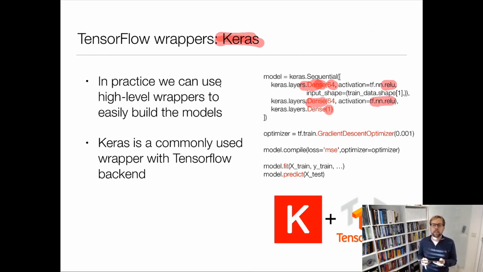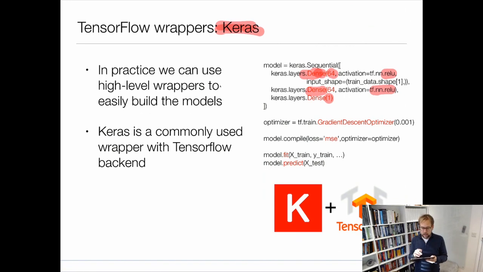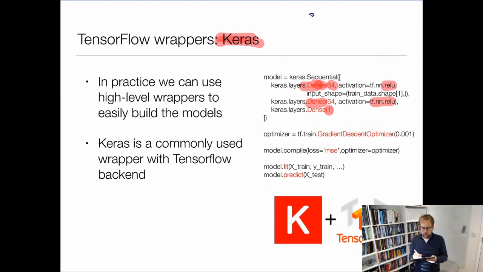So this will effectively define this network, where I have my input data, then a hidden layer of size 64, another hidden layer of size 64, and then one output. And this is how you define the whole model. Layer by layer, you say, okay, here's the input data. Now I have a hidden layer of size 64. This would be the first dense layer object.